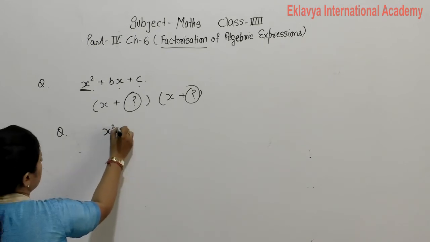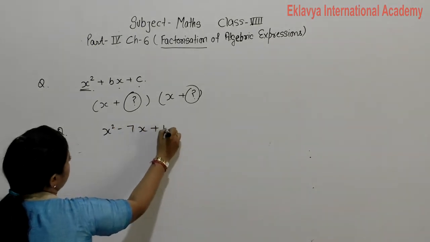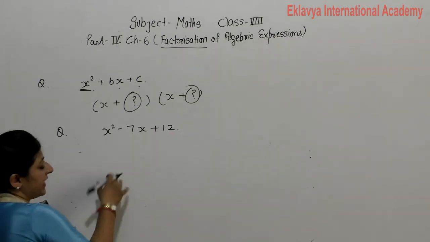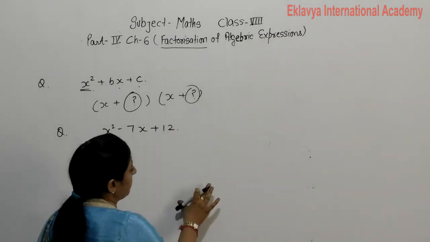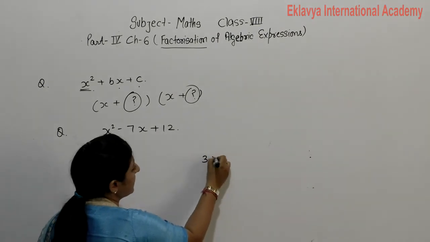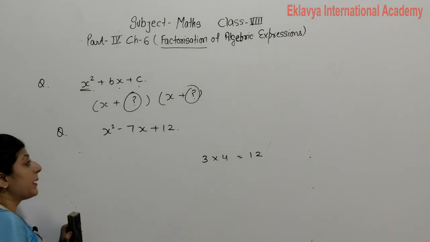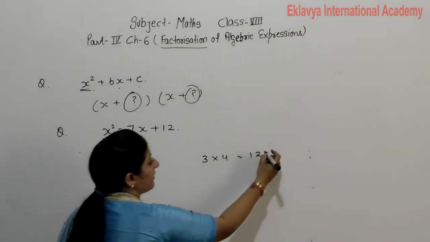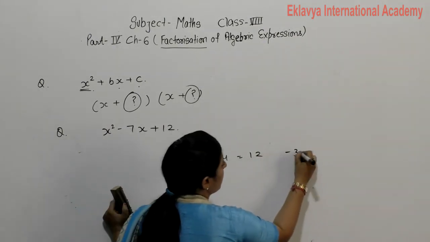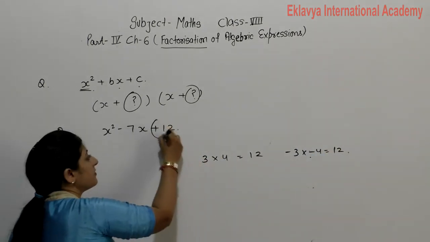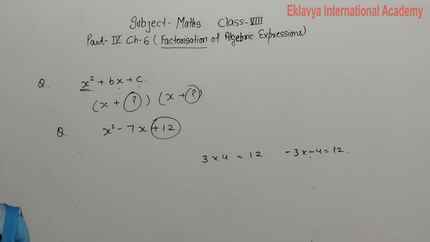If it is given to you x square minus 7x plus 12. You already saw in the previous question that you get 12 when you do 3 into 4. But here we have two conditions, 3 into 4, and minus 3 into minus 4 also equals 12, because this is plus 12.